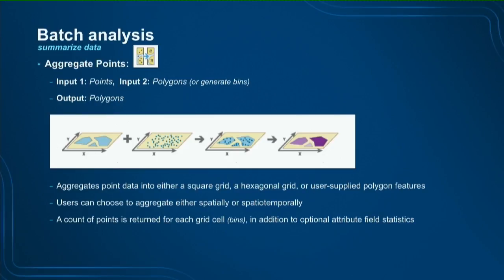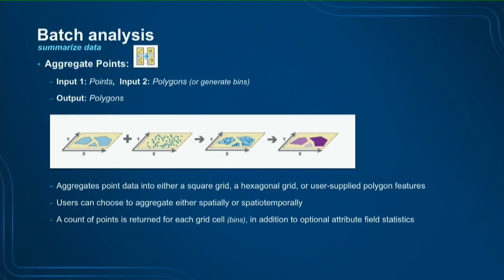So as far as the tool is concerned, the input into aggregate points is a point observation layer. And so that could be a feature layer that's inside the big data store, something that was collected through the IoT. The input too is either polygons of interest that you want to aggregate into, or you could just generate bins, and these bins could be specified by a certain distance tolerance that you want to define.